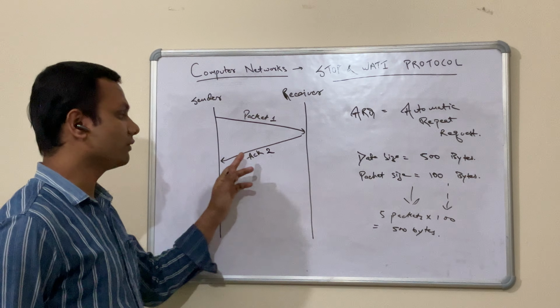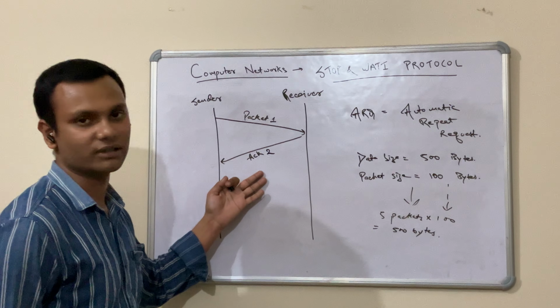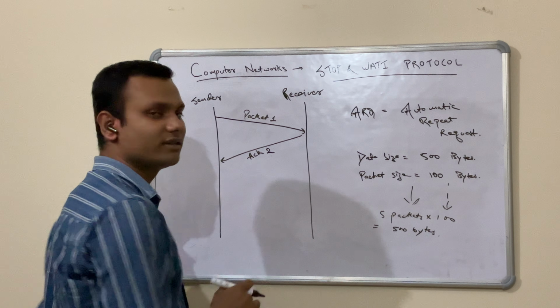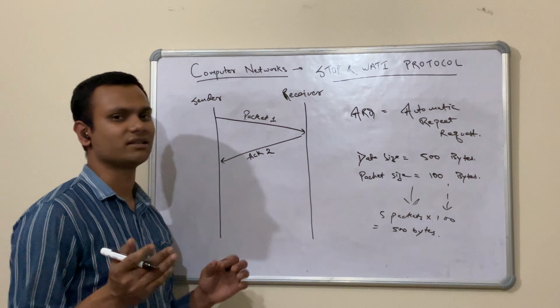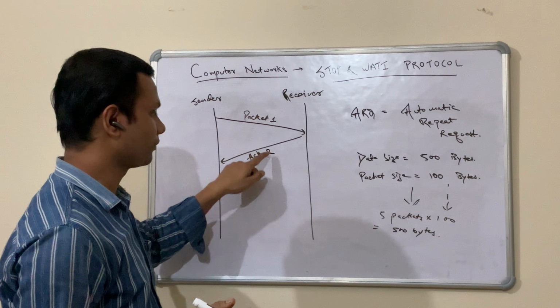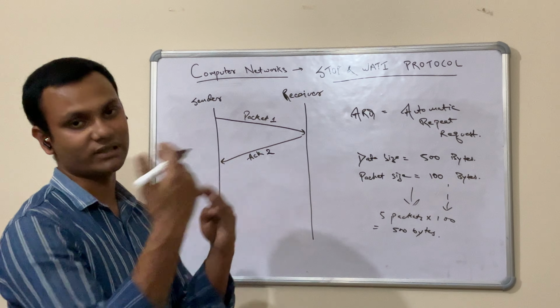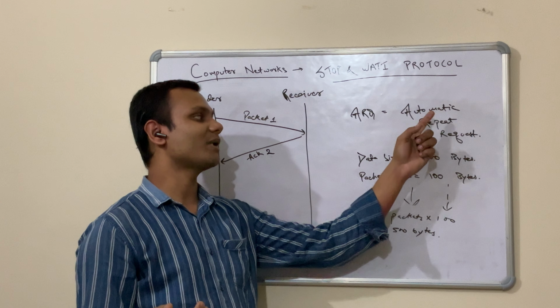The GATE exam follows this method, so we will be following this method, and I think I have made myself clear. There is nothing to confuse about this numbering. Basically the number is for the packet which we are requesting. So this is what automatic repeat request is.